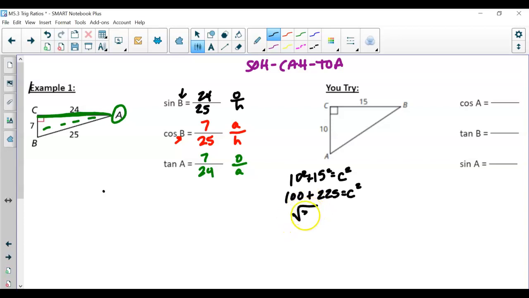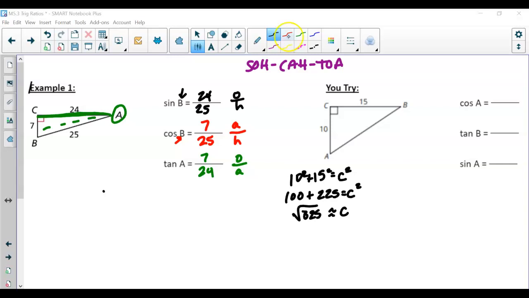So here you get radical 325. But then from the c squared here, we can round that to approximately 18. Or to keep it exact, we'll leave it at radical 325.